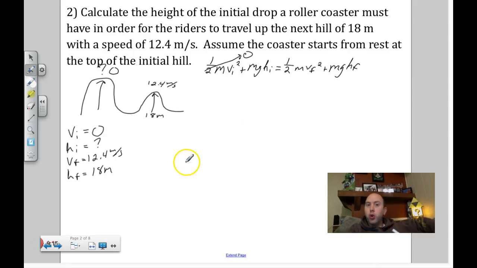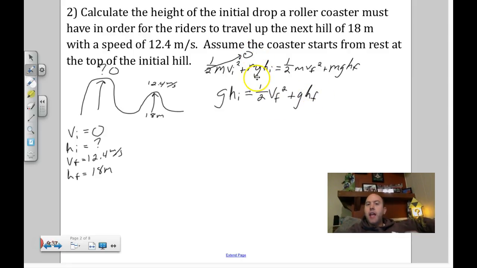Now, again, a shortcut. Because everyone brought mass to the party, you can get rid of mass. So if you really want to, go ahead and just write this: gravity times initial height equals 1/2 times final velocity squared plus gravity times final height.